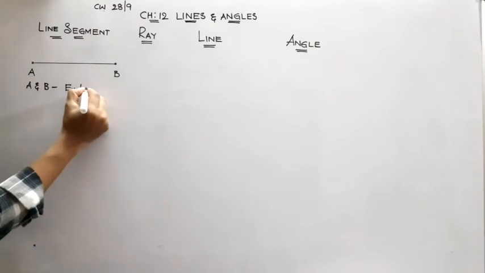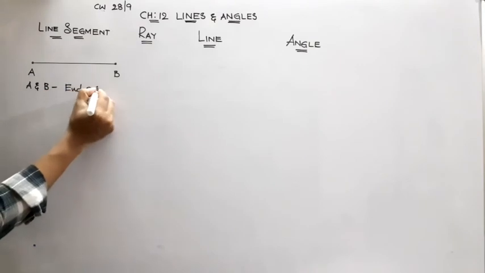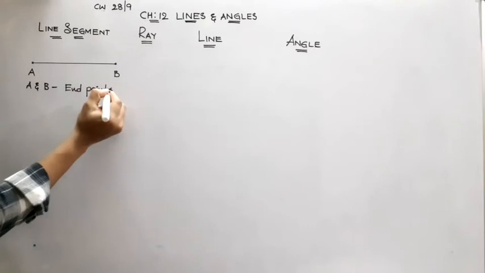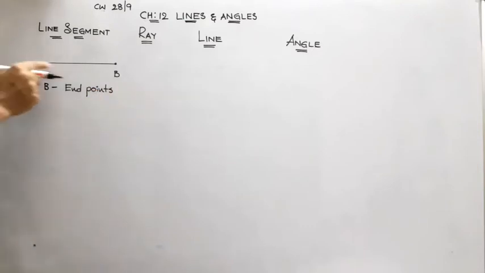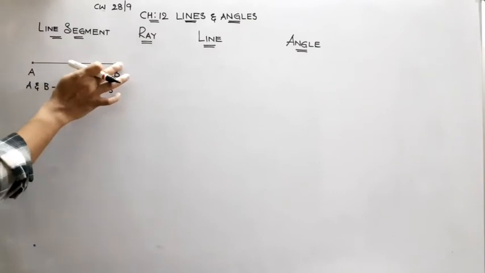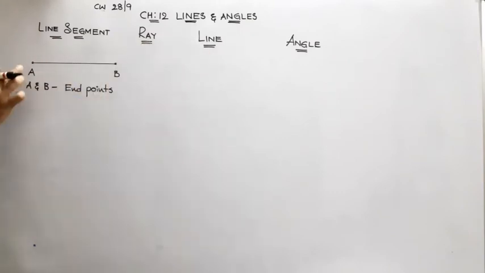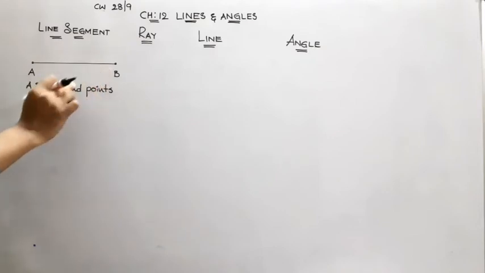That means we should not proceed further or beyond these points. Hope you are quite clear, children. Whenever we show a point like this, this clearly indicates that you should not extend the figure in this direction or in this direction. They are fixed points and we call them end points.